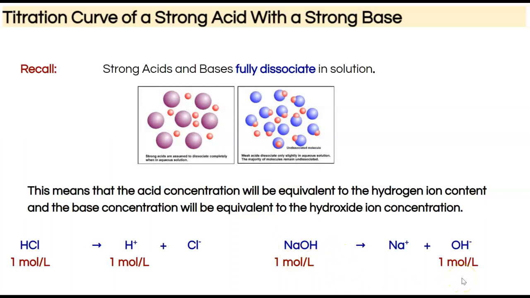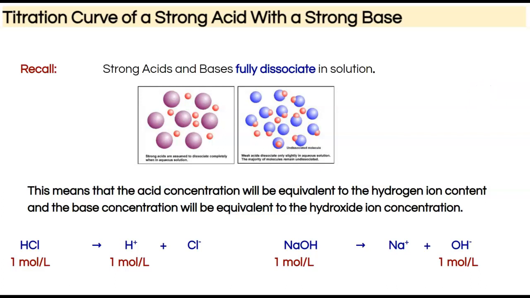Those are some key things that I'm assuming when I do calculations and construct a titration curve of a strong acid with a strong base. If I have a weak acid or a weak base or both, then the calculations have to change as a function of the behavior of those weak acids and bases.